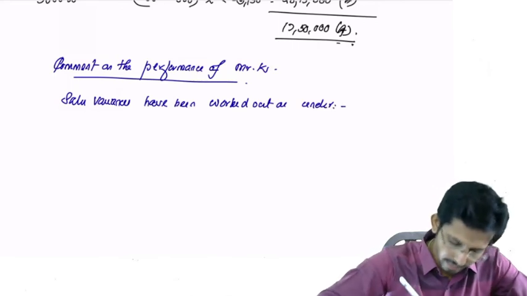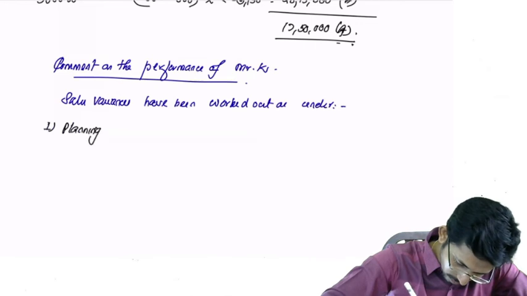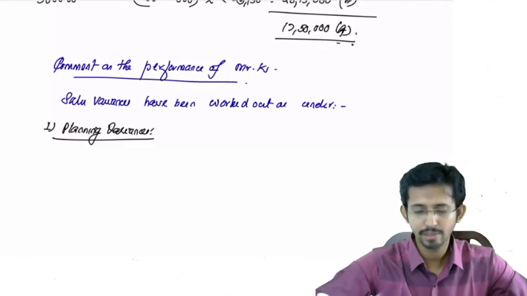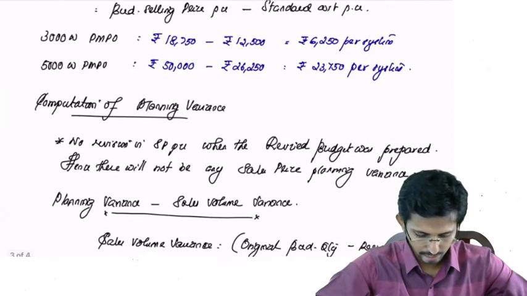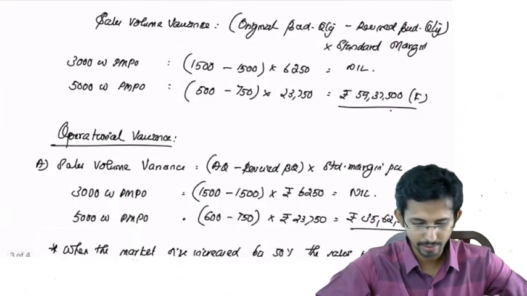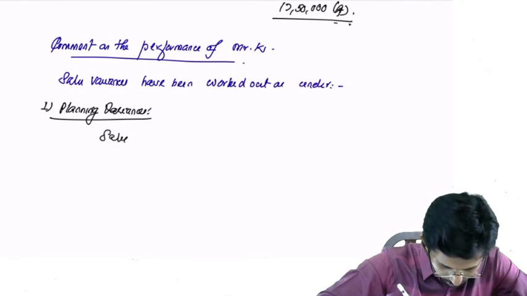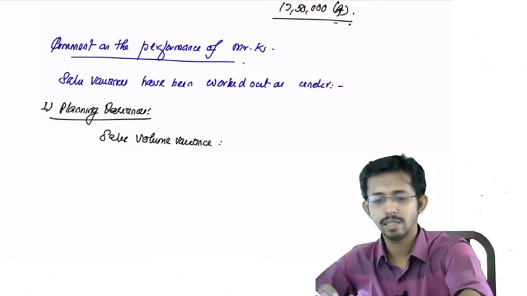Okay, in that the first one is planning variances. In planning variances, the first thing is the sales planning variance, the sales volume variance.